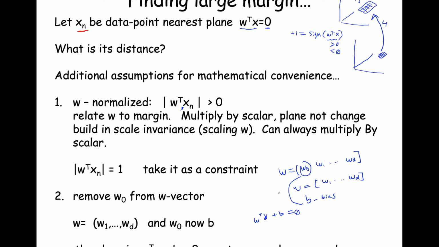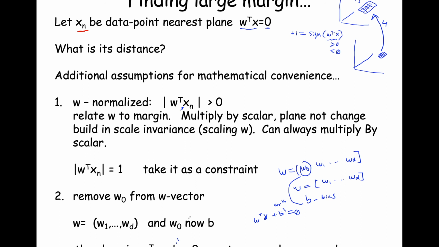Okay, so that's the equivalent expression here, only we're removing the W naught term from my weight vector, and this is still my B times 1, which is effectively like your W naught times your x naught. So the plane itself is the set of points x such that W transpose x plus the bias is exactly equal to 0. And it's important to note here that we do not use x naught. x naught was just a times 1 dummy variable, but we're not using that. It's W transpose x plus B. That's how we define our plane.